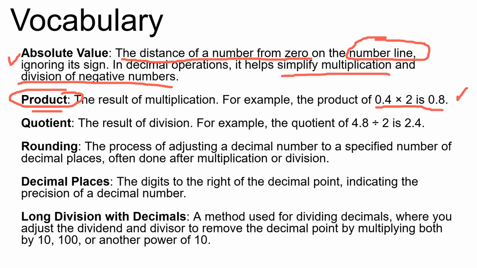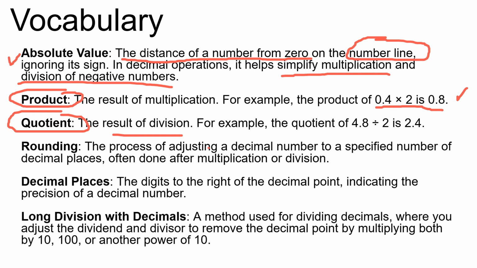Now how about the quotient? The quotient is the result of your division. So you have your dividend divided by your divisor. We will touch on that later as we go along.